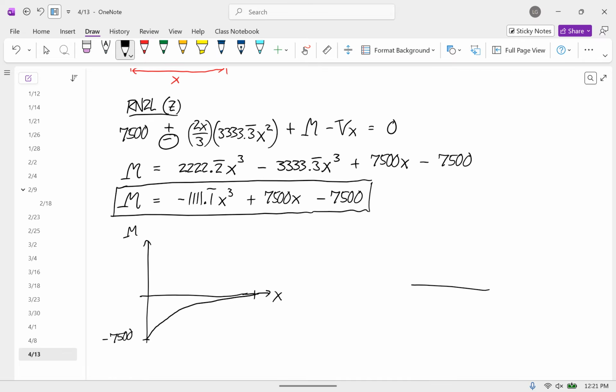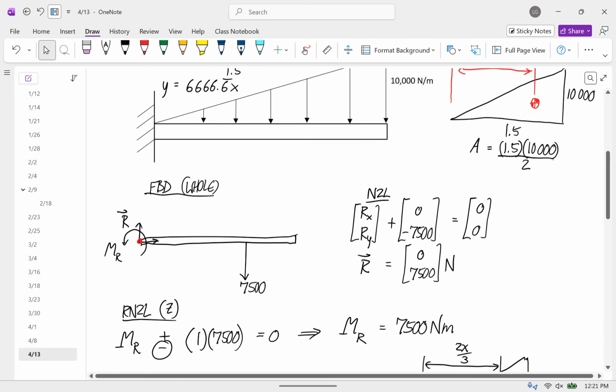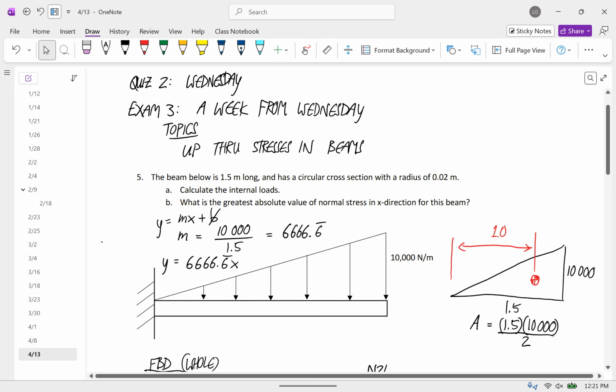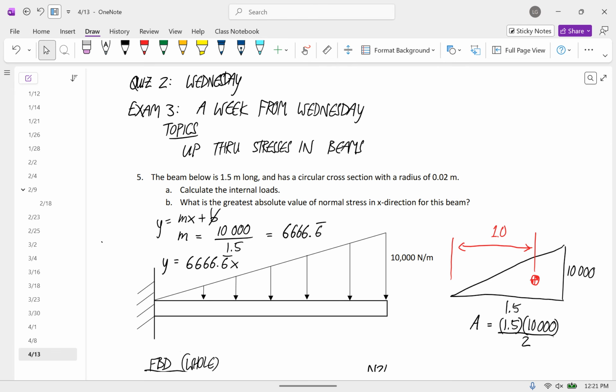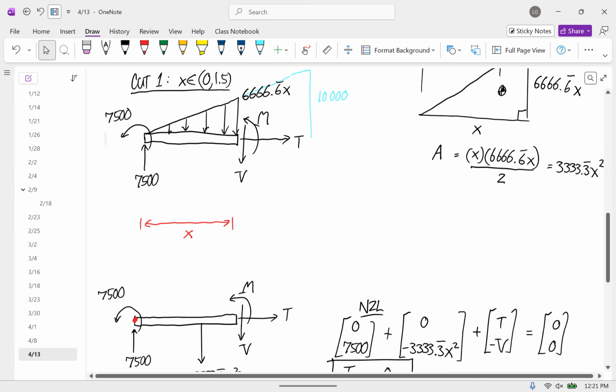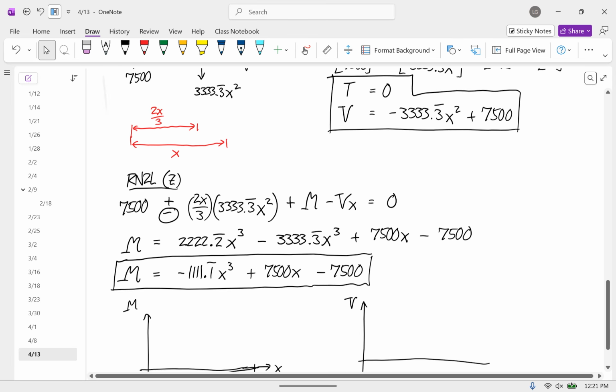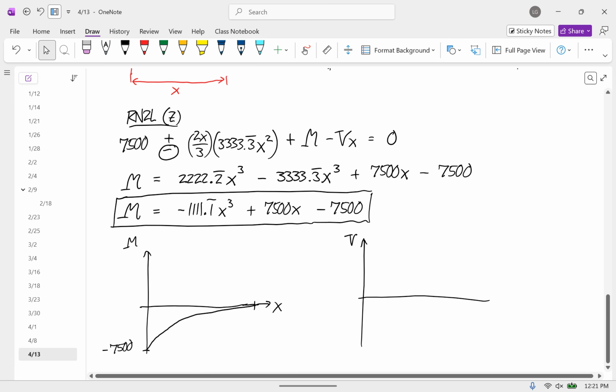And then if we're thinking about the shear force, well, one thing here is, this is asking us what's the greatest absolute value of the normal stress in the x direction. The shear force doesn't produce any normal stress in the x direction. So really, for what this is asking, we don't even care about what the shear force is.